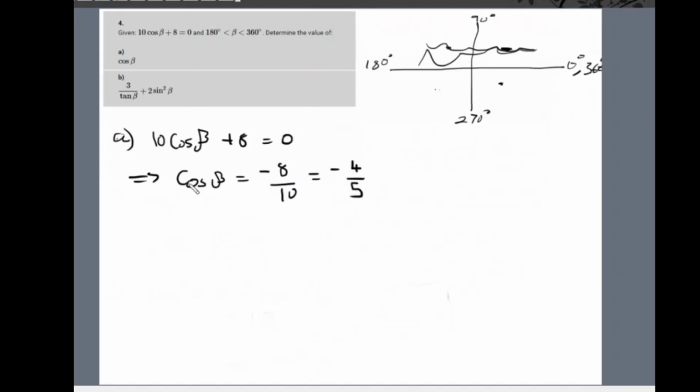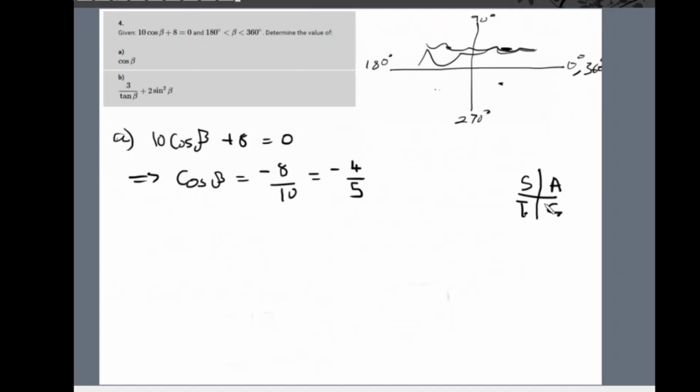So from this you see that cos beta is negative. We know from the CAST diagram that in the first quadrant all the ratios are positive, second only sine, third only tan, and fourth only cos. But because beta is between 180 and 360, we are either in the third quadrant or the fourth quadrant.